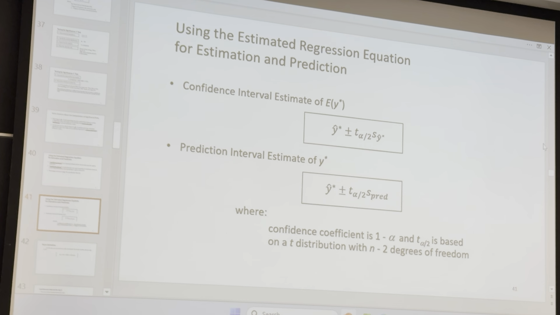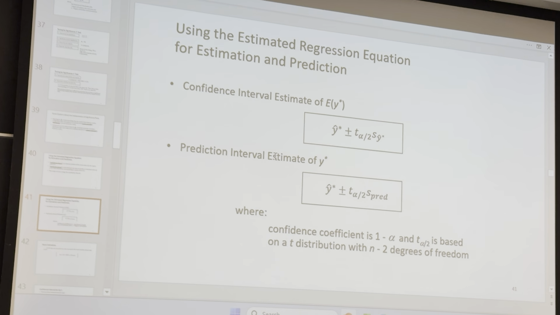So this is your standard deviation when you are making a confidence interval estimate for mean sales. And this is your standard deviation when you make a confidence interval estimate for just a single month.